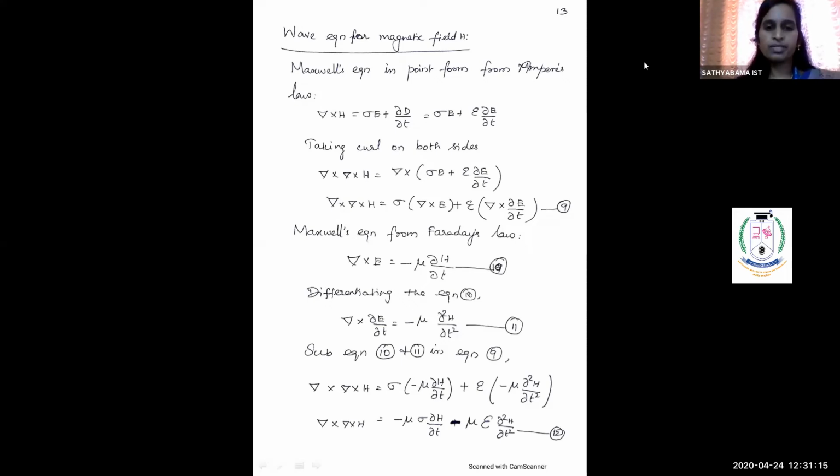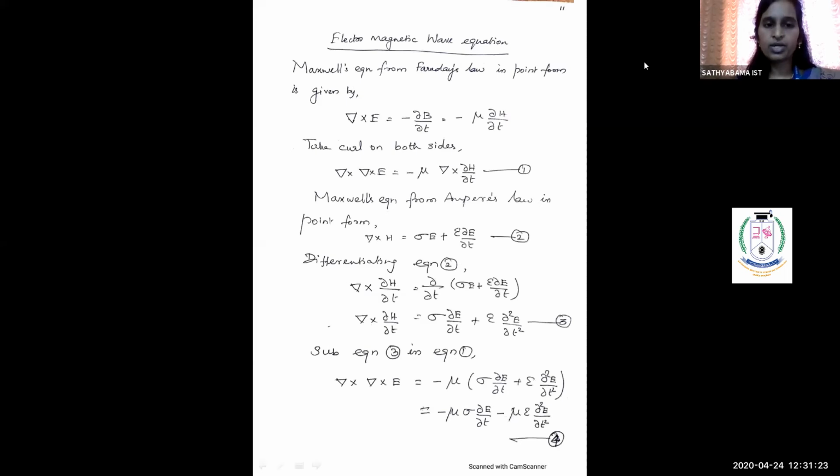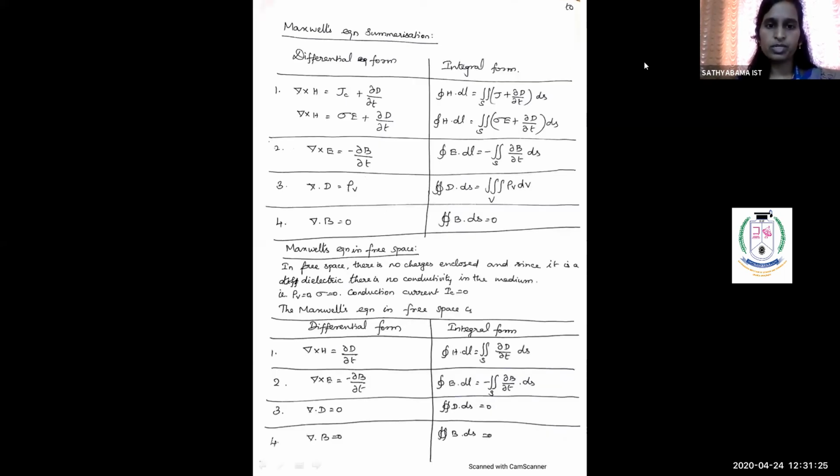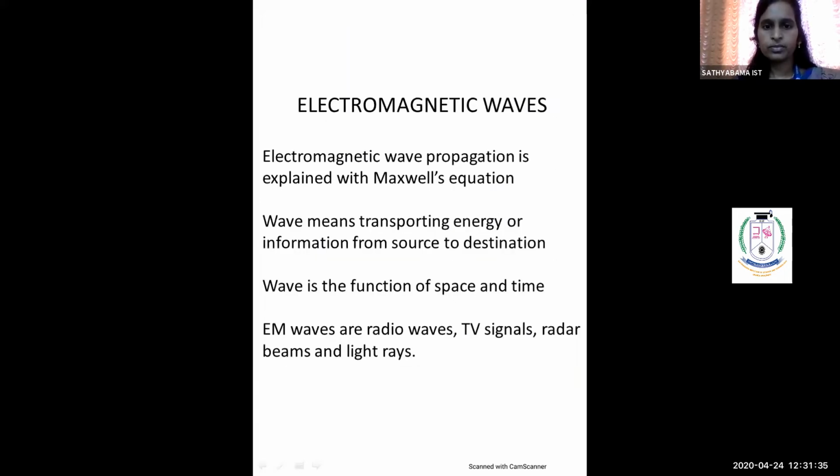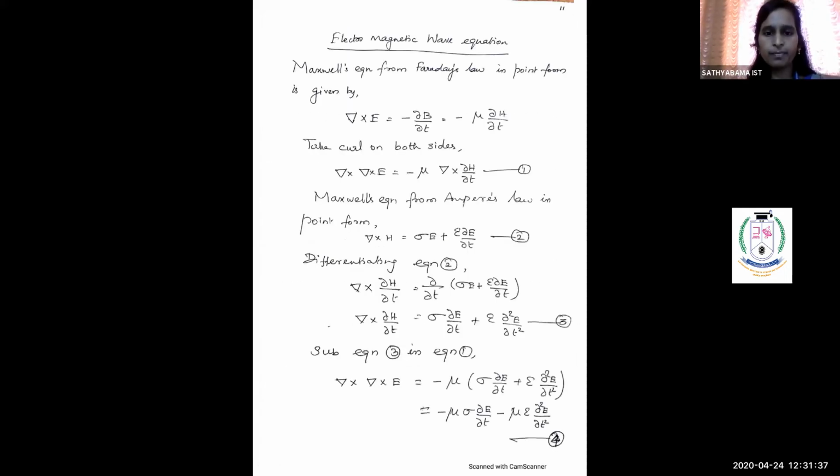Next, we are going to take Maxwell's equation from Faraday's law. That is our Maxwell's equation 2. What is Maxwell's equation 2? Del cross E is equal to minus dou B by dou T. B we know is mu into H, and mu is a constant value. So del cross E is equal to minus mu into dou H by dou T. That is also known to us. Now we are going to substitute that here.